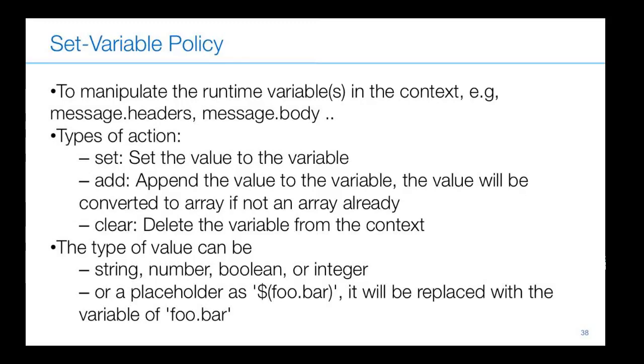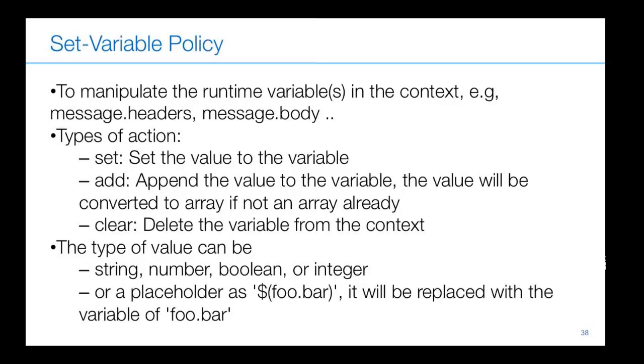So I think you can do these placeholders, like you see here, this $foo.bar, where you're effectively moving a value from one place to another. Yes, you would replace it with the value of foo.bar from the context. And if it is a primitive value, it will just be copied. And if the value is an array, it will be a reference.